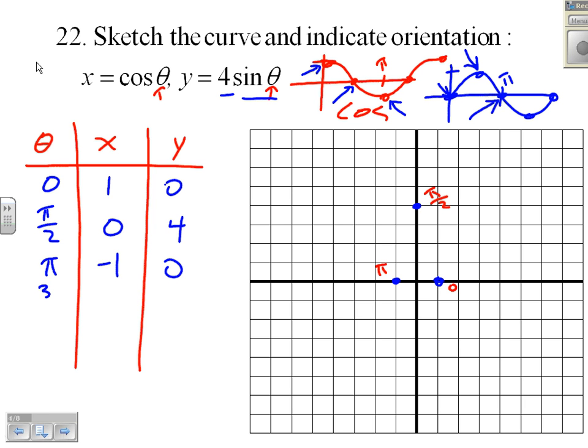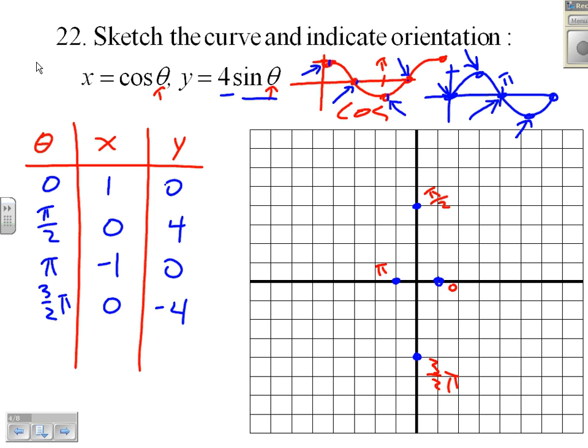And let's continue. At 3 halves pi, x is cosine of 3 halves pi, which is 0. And y is 4 times sine of 3 halves pi. Sine of 3 halves pi is negative 1 times 4, negative 4. 0, negative 4, that occurs at 3 halves pi.